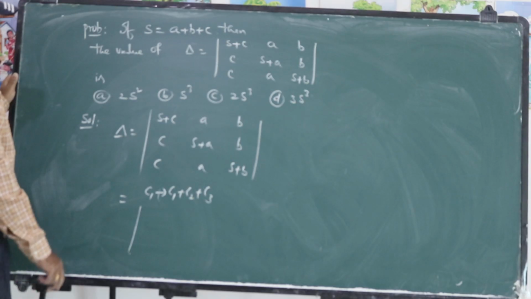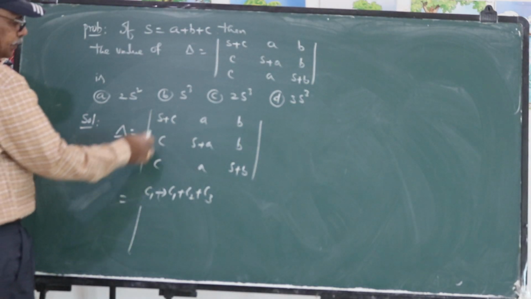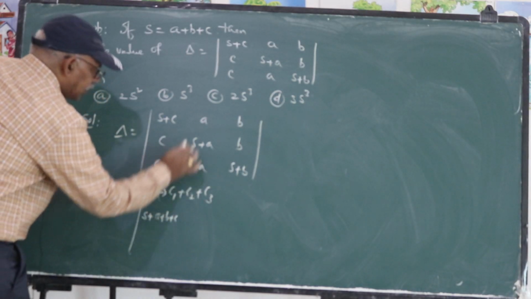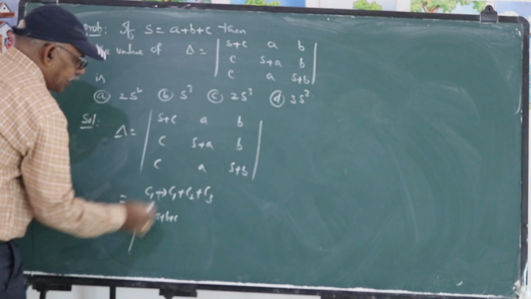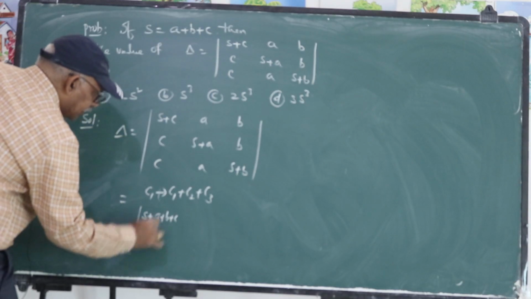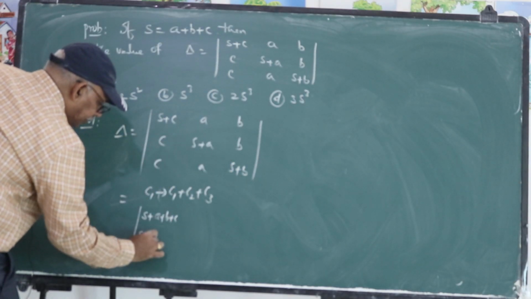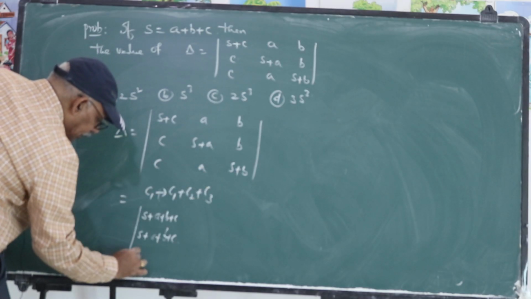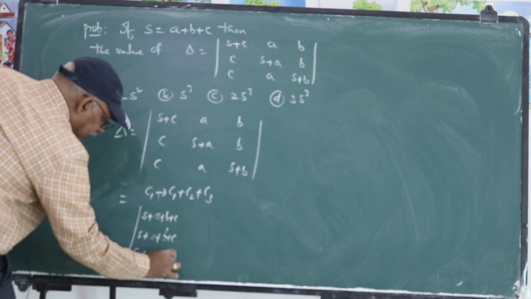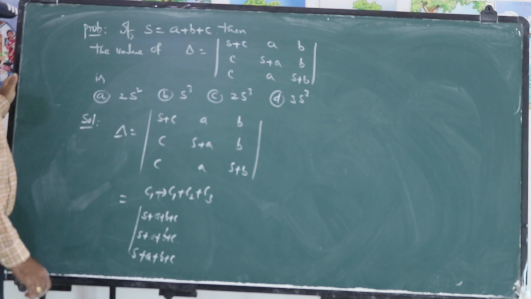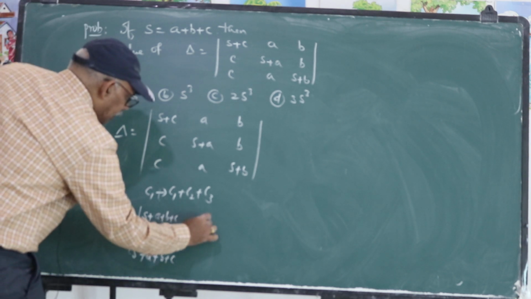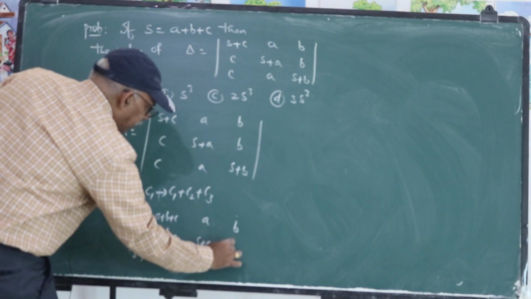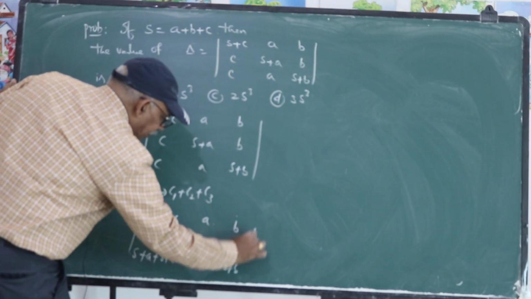That gives us S plus A plus B plus C in each position of the first column. The remaining two columns are as they are.